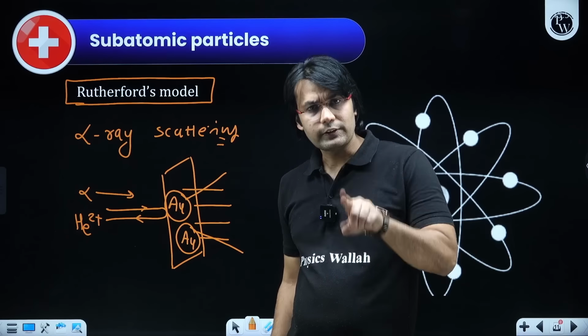So overall, dual nature and the Heisenberg uncertainty principle are the drawbacks of the Bohr model. So if I summarize the causes of failure of the Bohr model, I can write at least 2 or 3 points. First point: Bohr ignored the wave nature of the electron, and this point we have according to dual nature.